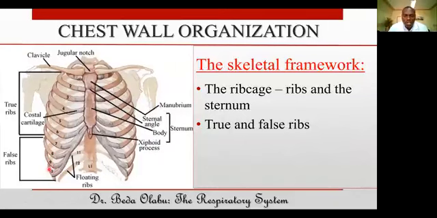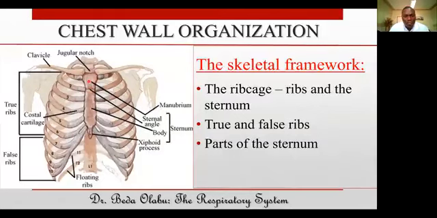For rib 11 and 12, their cartilages don't join anything, and so we call them floating ribs. Well, they are still false ribs, but a special category of false ribs that we're now calling floating ribs.